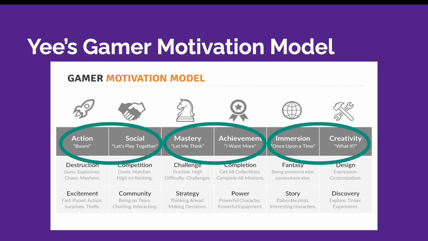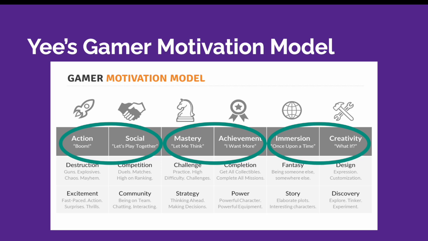And so while they can and do vary independently from each other, the fact that you are, for example, a highly social gamer, if someone scores highly social on the survey, does not necessarily mean that they will also be highly action oriented, but it's a little more likely. They do correlate somewhat with each other, but then the three clusters really don't correspond at all, and that's what's really fascinating.